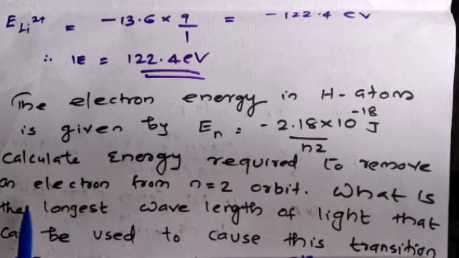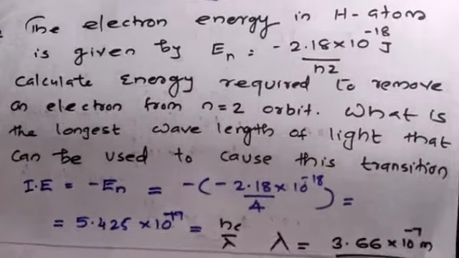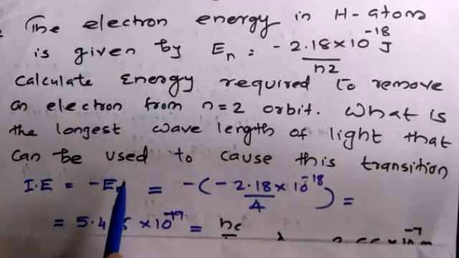Calculate the energy required to remove an electron from N is equal to 2. That is the ionization energy from N is equal to 2. How much energy is required to remove an electron from the second shell? Therefore, here you calculate what is the energy of electron at second shell, second orbit. Make it positive, that is ionization energy. Therefore, please calculate E2.